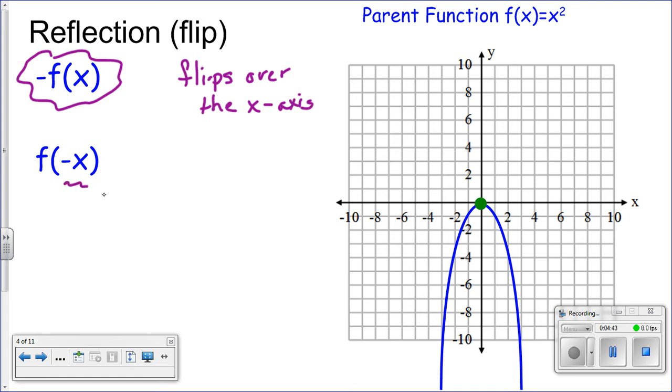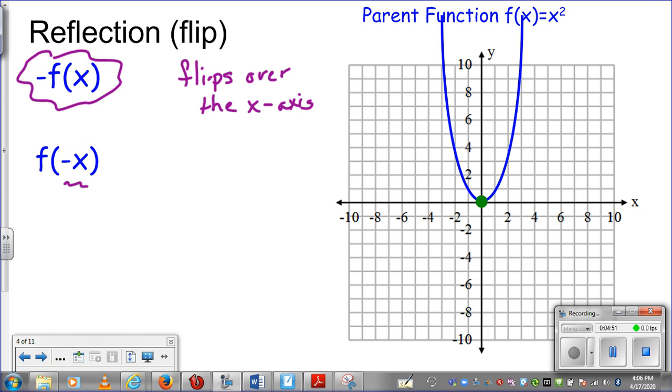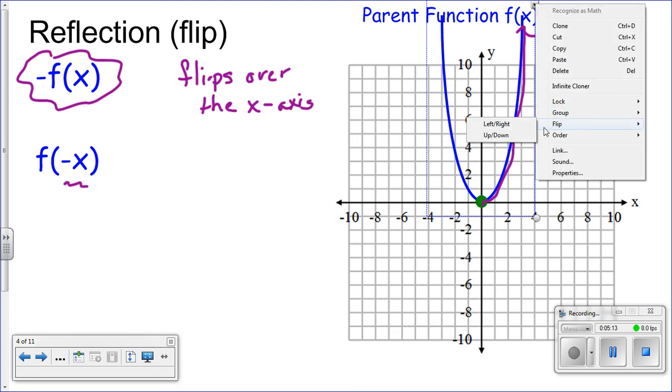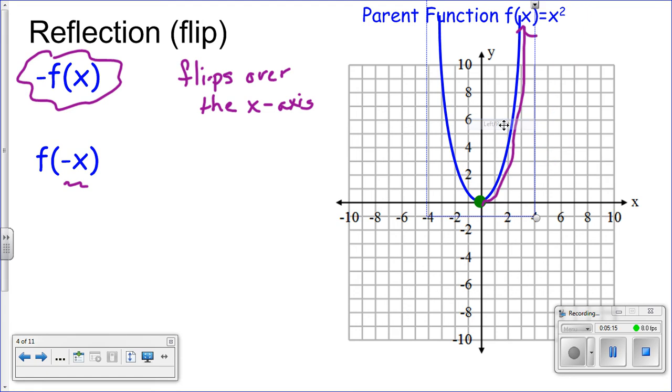Now, if I negate the x values, this is an interesting one. Let me put my function back. Essentially what this is going to do is negate my x values. So right now, all of these x values over on this side are the positive x values. If I negate my x values, it's going to take those x values and flip them, but it's going to flip them over the y-axis.